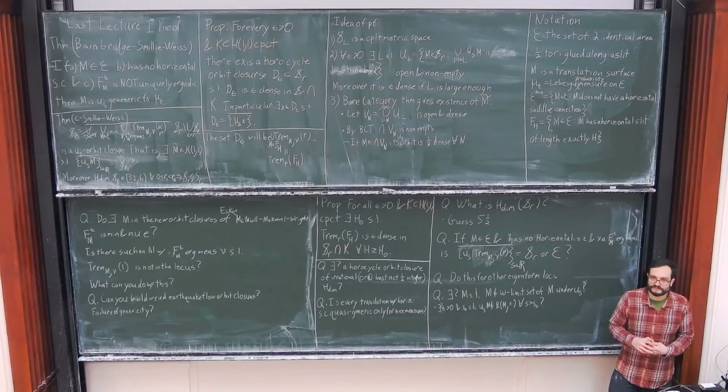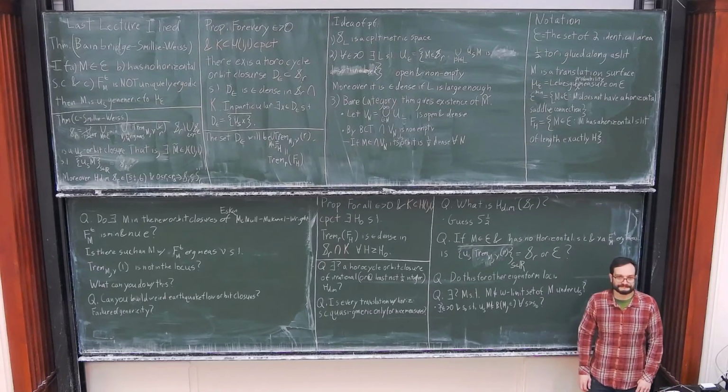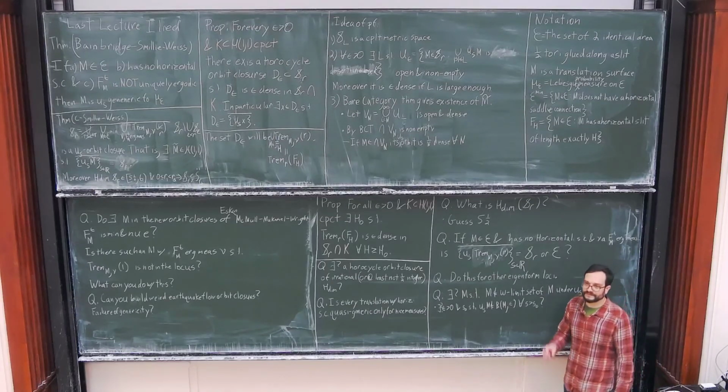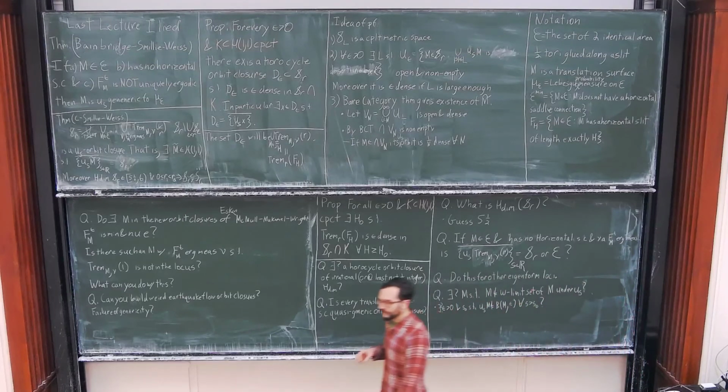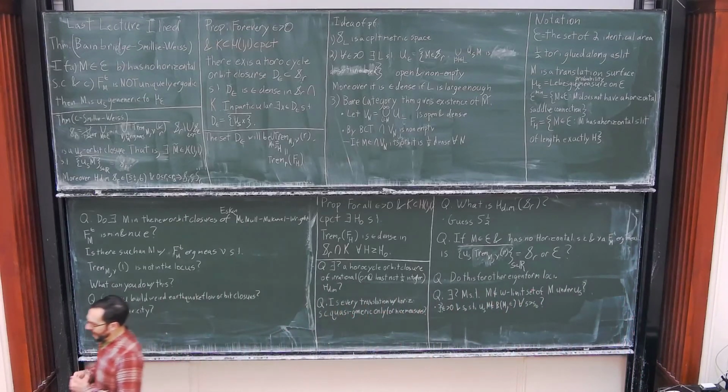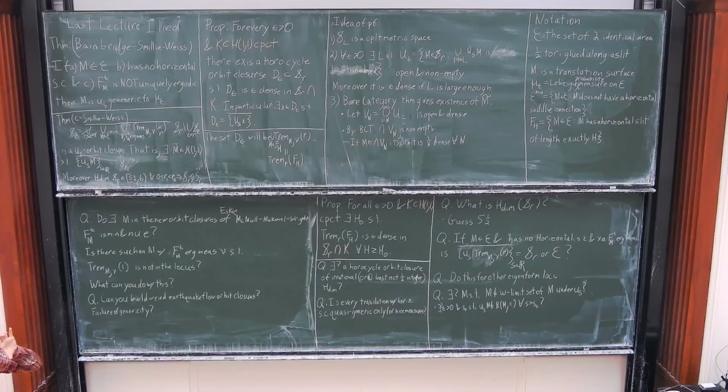So, questions, comments? Explanation? What happens to F_H when I vary H? So what you should think is the following heuristic: I fix the surface I started with, that's in E, and it's not in any F sub H. And I want to know about its long-term dynamical behavior, say up to time T for T large.